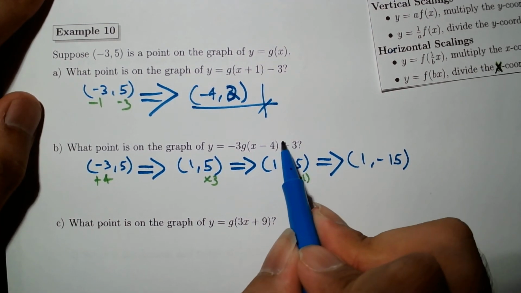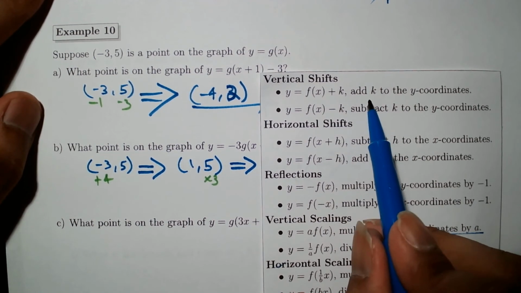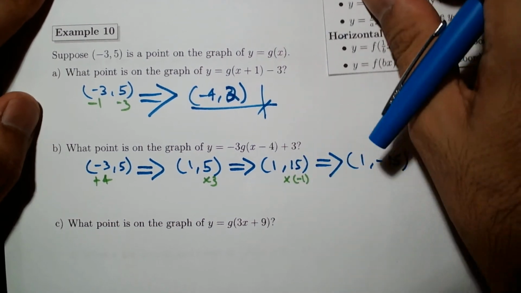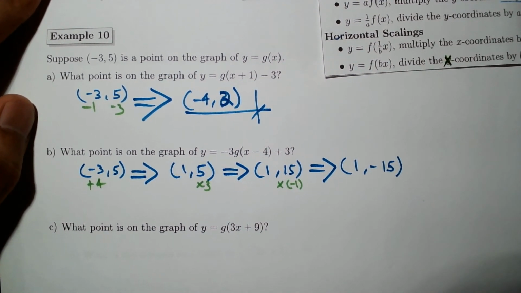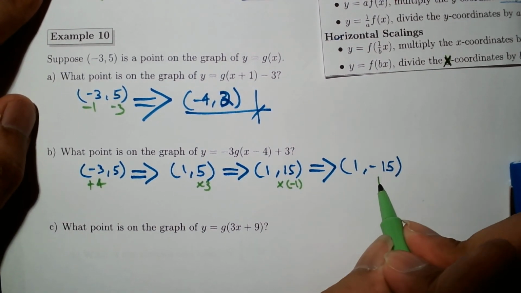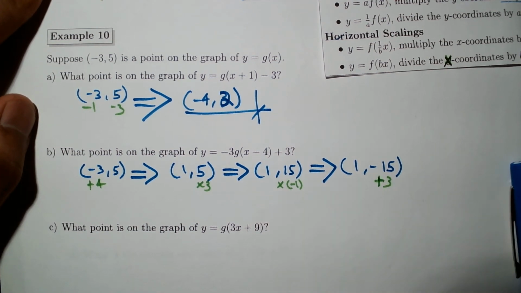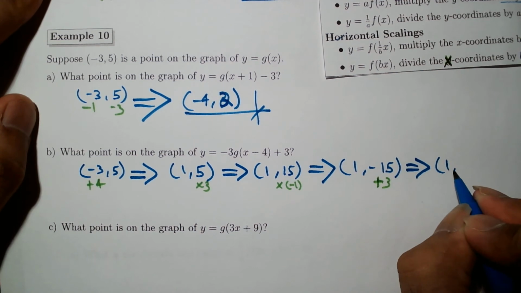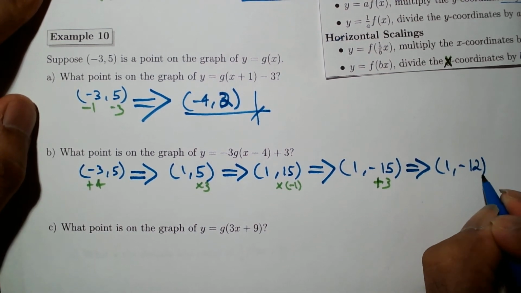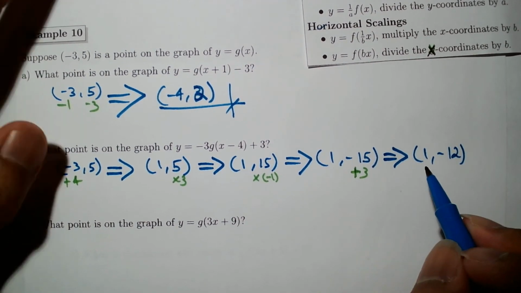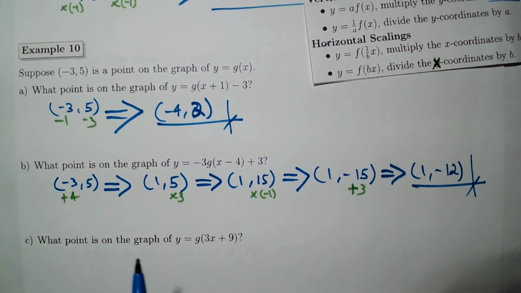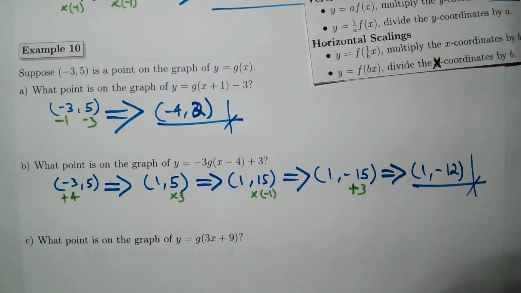And finally, we have this plus 3, which is no other than adding k units to the y value, so I'm going to add 3 units. That is going to give us (1, -12), which is the final answer. Notice the sequence we follow, one at a time.